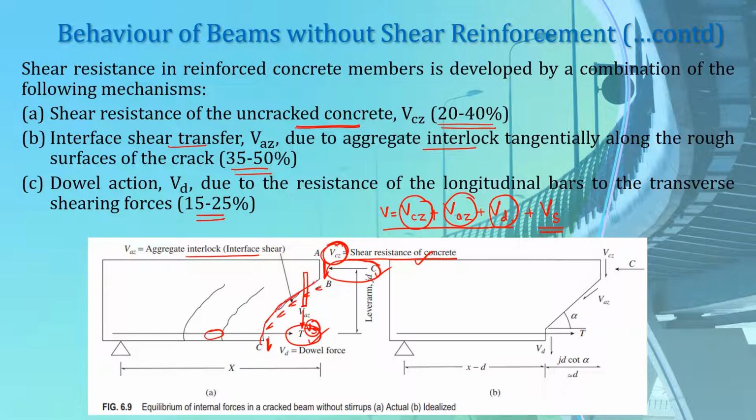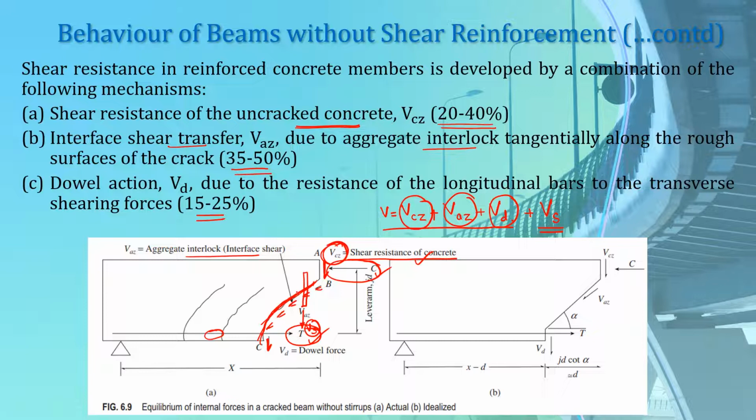So this is the plane which is under consideration. If this plane is an existing crack, then failure usually involves slippage or relative movement along the crack or plane. Otherwise, these tangential forces also contribute to the resistance to shear forces.